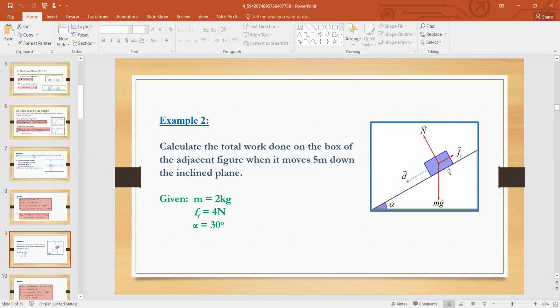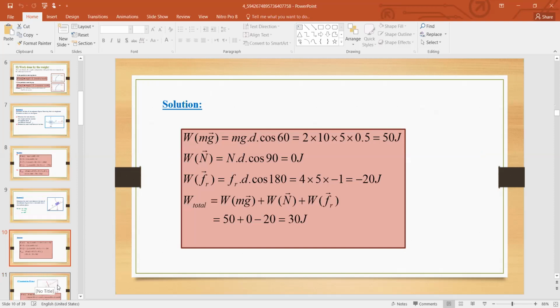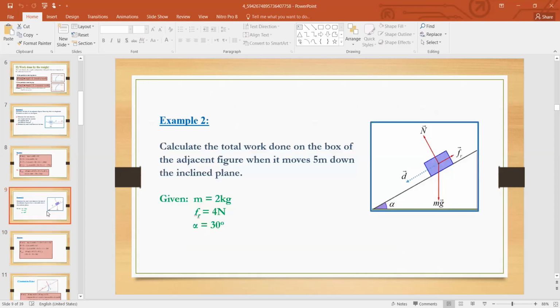Let us come now to the work done by weight. Work done by weight is mg times d cosine 60.